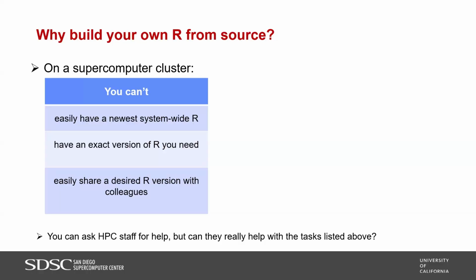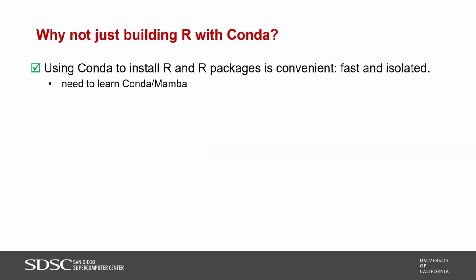But can it really run as fast as you would expect on HPC? We don't know yet, so maybe you can learn something from today's webinar about how to properly build your R. And I know some users just choose to build their R with conda.